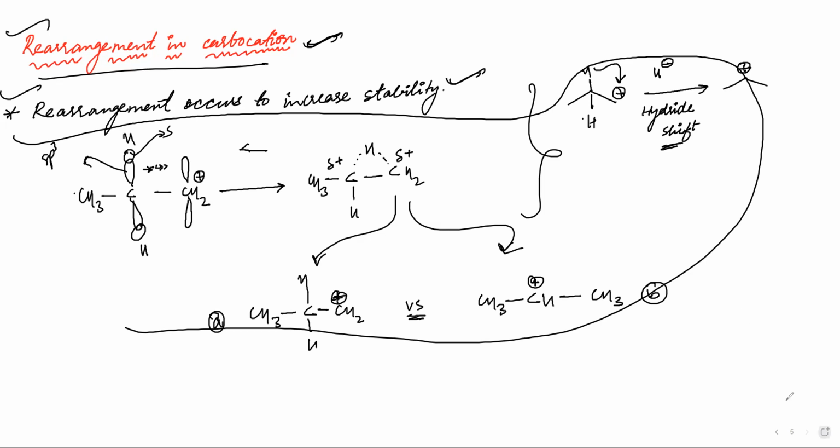Okay, fine. Now, there are three kinds of rearrangement. The first one that we have seen is hydride shift, that is H negative.